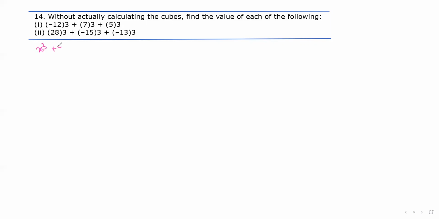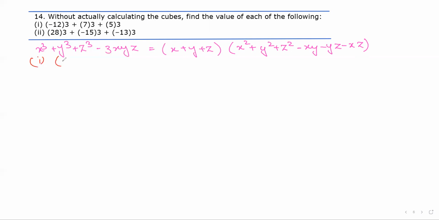X cube plus y cube plus z cube minus 3xyz is equals to x plus y plus z, x square plus y square plus z square minus xy minus yz minus xz. Now, if you observe the values in your first part, you're supposed to calculate minus 12 whole cube plus 7 cube plus 5 cube.